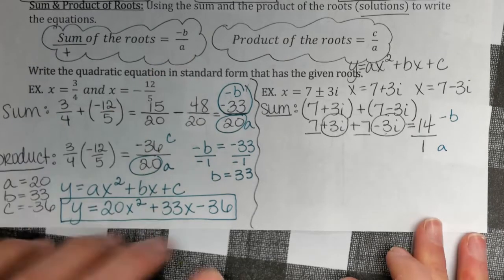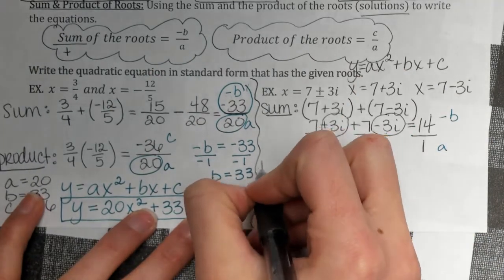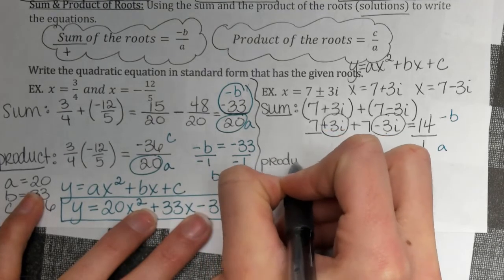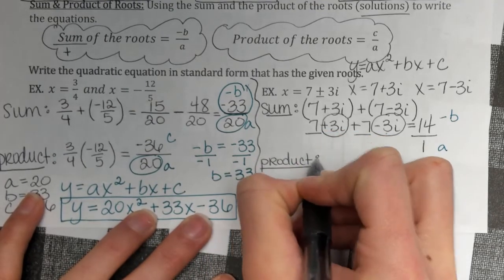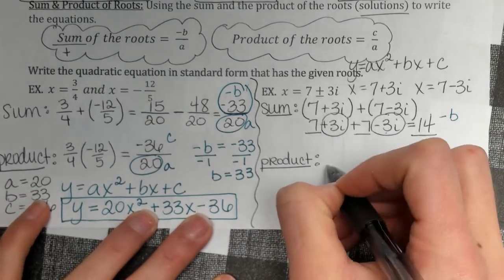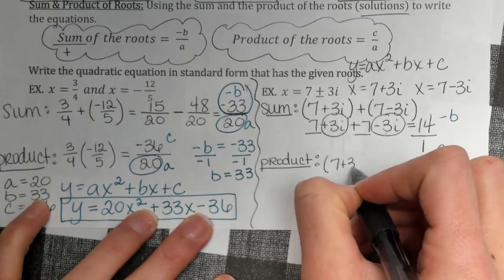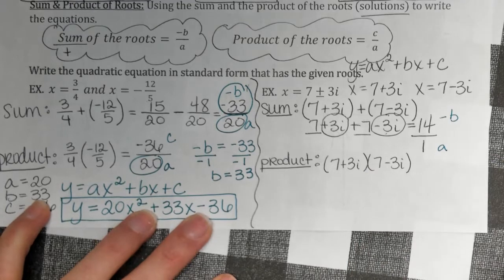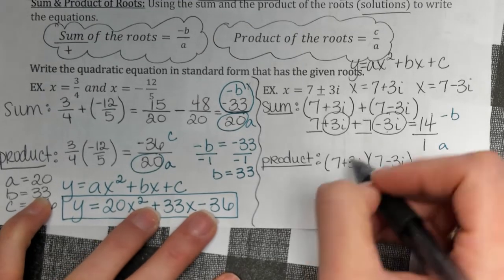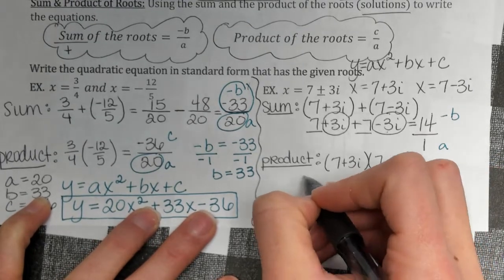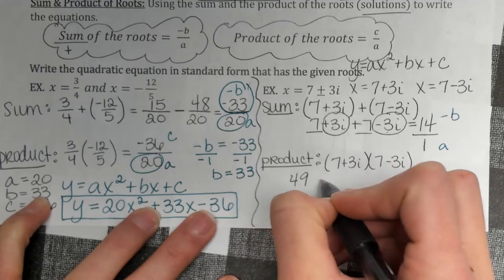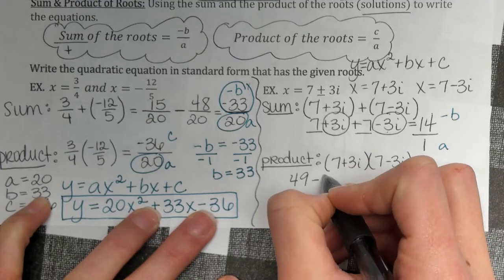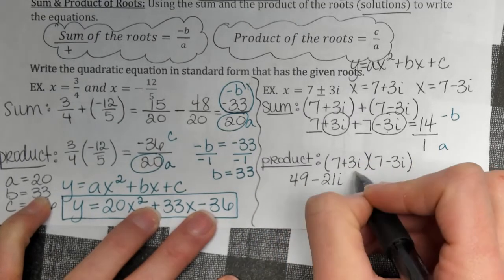Okay? Now my product, I'm multiplying 7 plus 3i and 7 minus 3i. I got to FOIL it. So 7 and 7 is going to give me 49. Minus 7 and 3i is going to give me 21i.